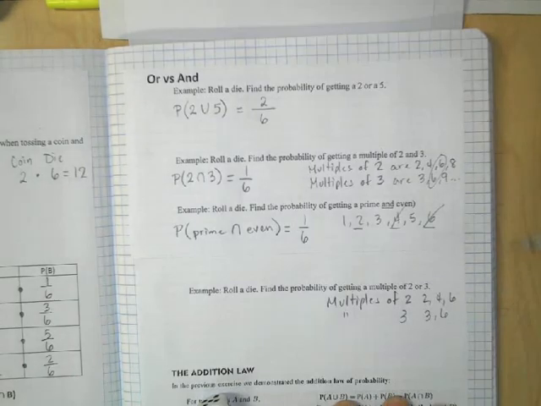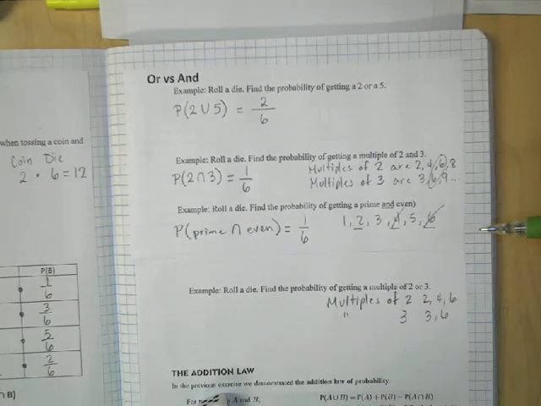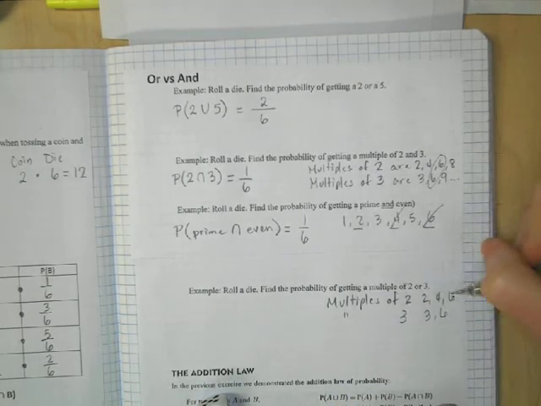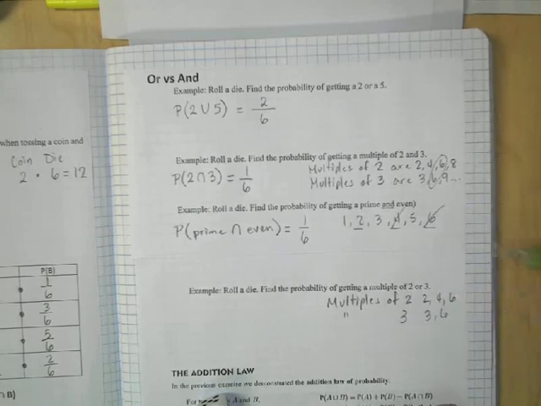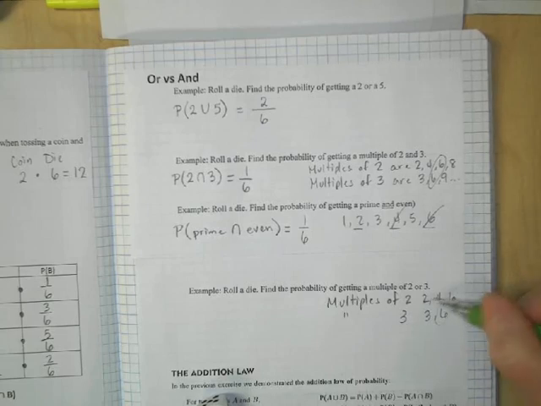So I win if I get any of these. So I have 3 ways of winning here and 2 ways of winning here, but we got to watch out because this one is overlapping. So I have 1, 2, 3, 4. There's actually only 4 ways of winning. I don't have 5 ways of winning.